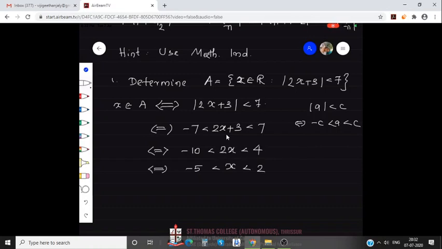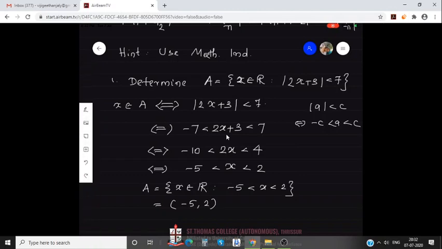So we get, if absolute value of 2x plus 3 is less than 7, x must lie between minus 5 and 2. So our A can be written as the set of all x element of R where minus 5 is less than x less than 2, or simply this is our open interval minus 5, 2.